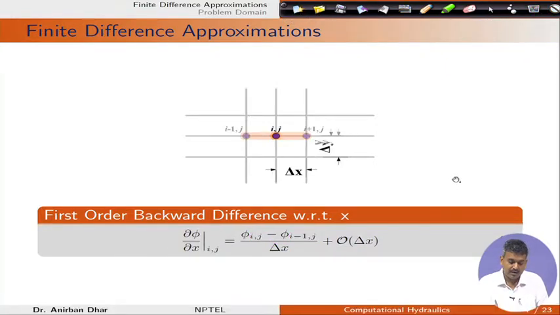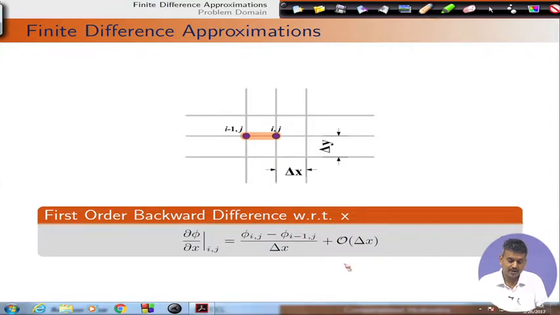Similar thing is for first order backward difference with respect to x. We need to consider i minus 1 point here. Again there is no change in the index for j, but there is change in the i and i minus 1.